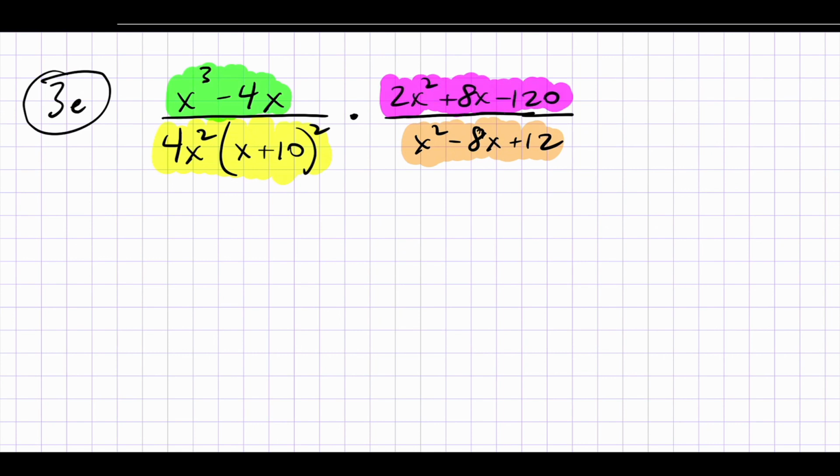First thing I'm going to do, though, is the yellow. Look at the yellow. X plus 10 has a squared with it. What does that mean? There's 2 of them, yeah. So the first thing I would do is do this. Don't write that squared. Just write another x plus 10.